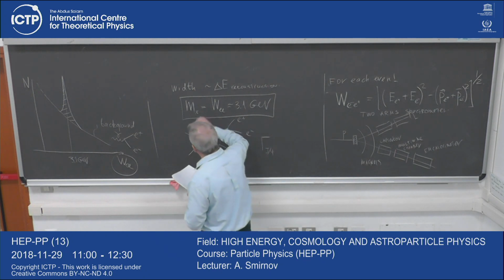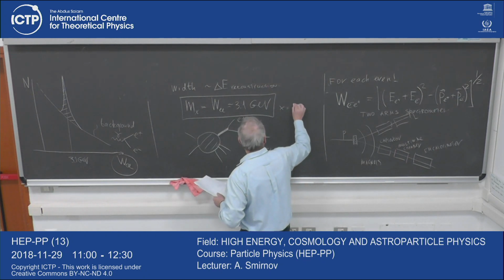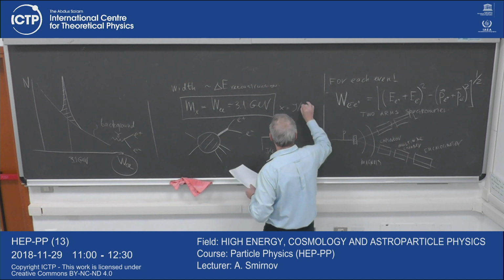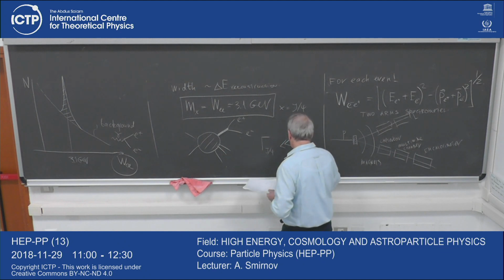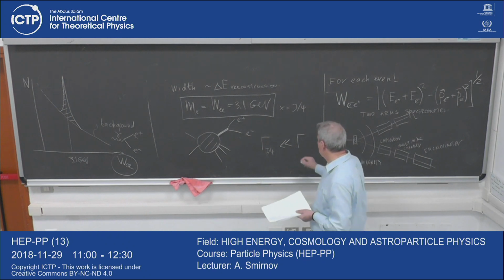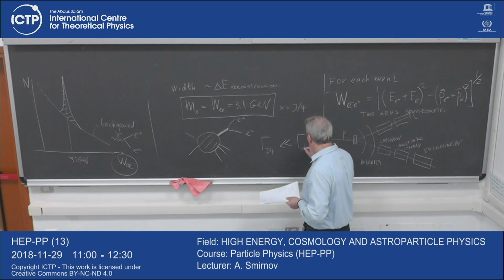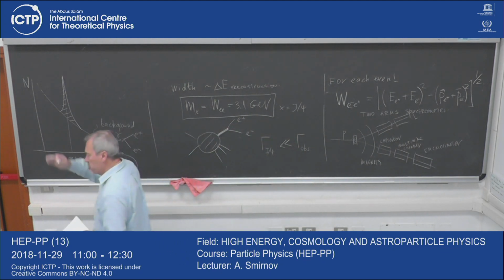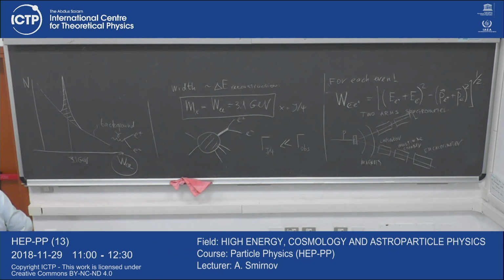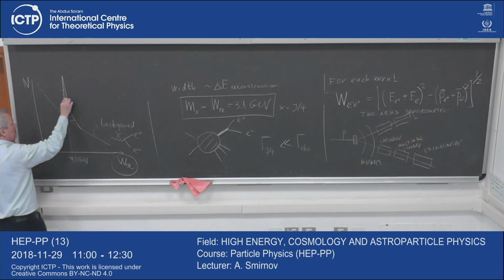So I can put here that X is what we finally call the J psi particle. And the rate is much smaller than the observed width of the resonance. So the width of the resonance is much smaller than observed, which is not always so. Sometimes we can even measure this resonance curve. So gamma is actually this width.